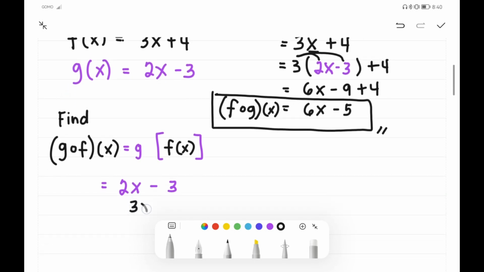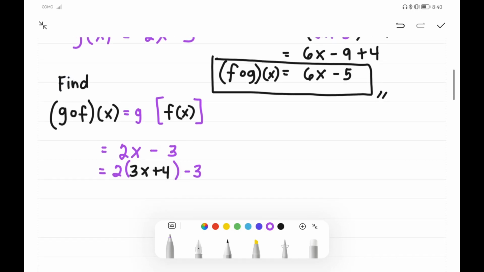So 3x plus 4. Then bring down natin yung ibang natira natin sa g of x na 2 and negative 3. So in this case, distribute natin. We will have here 2 times 3x, so magkakaroon tayo dito ng 6x. Then 2 times 4, so we have here 8.